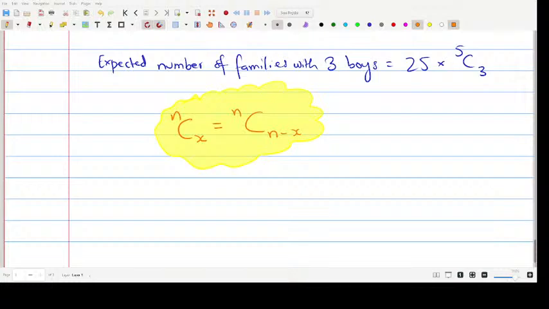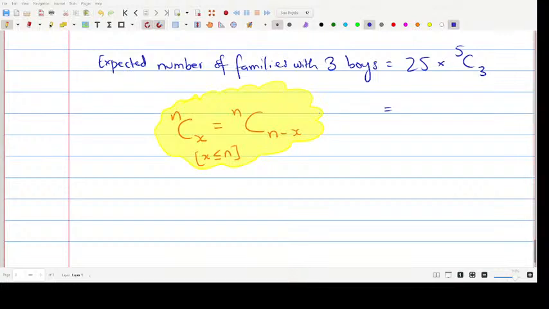So this is true for all values of n and x. The condition is that x should be at most n, so x should be less than or equal to n. I've written the condition here. Now try to plug in the value n equals 5 and x equals 3.